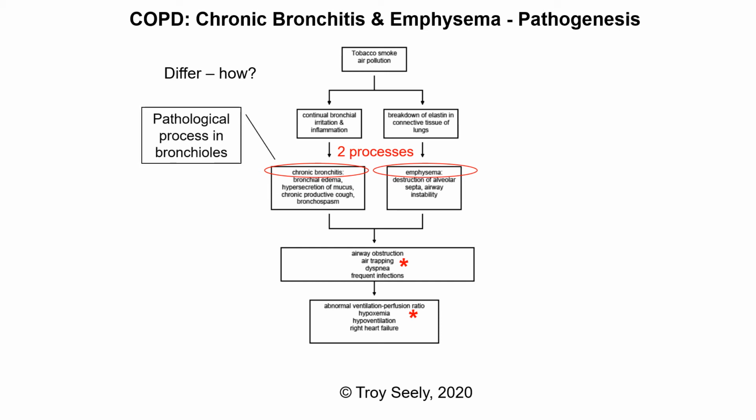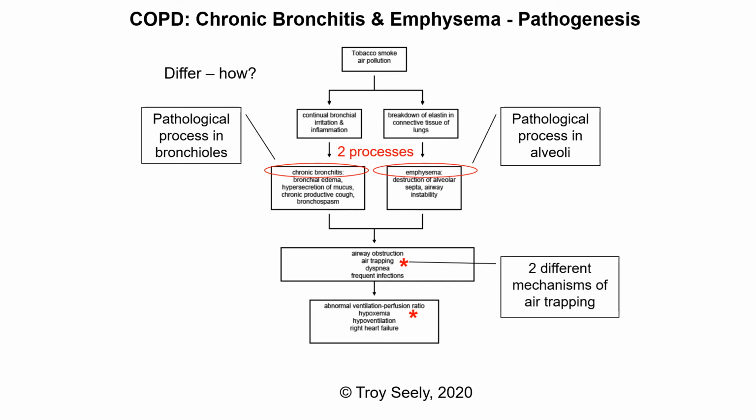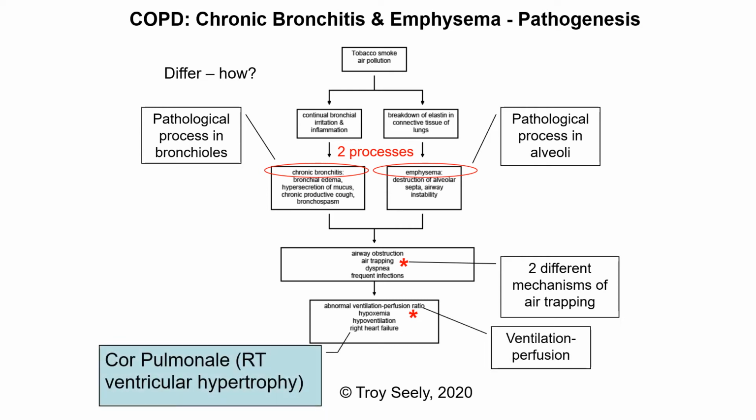So we have these two processes where we'll have a pathological process in the bronchioles, a pathological process in the alveoli. There will be two different mechanisms of what's known as air trapping, altered ventilation perfusion ratio, and we also have this interesting development where there's also going to be influence on the heart in a clinical condition known as cor pulmonale, right ventricular hypertrophy.